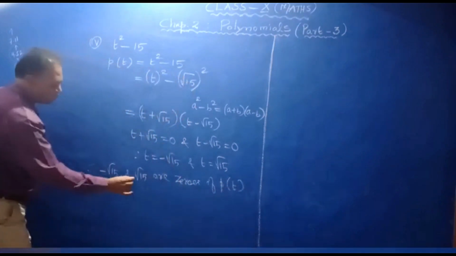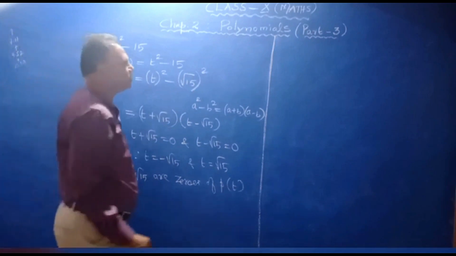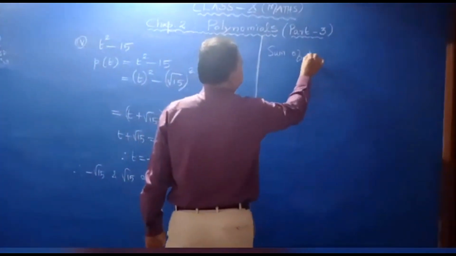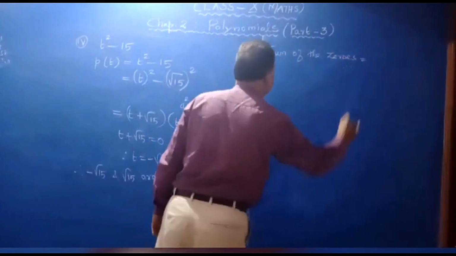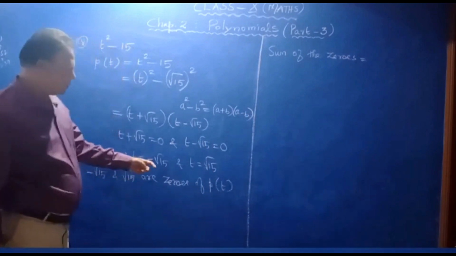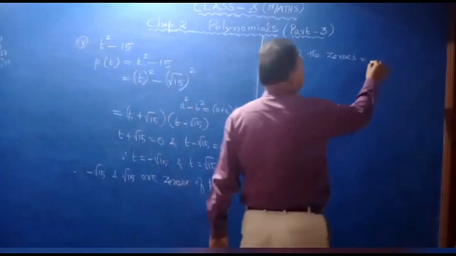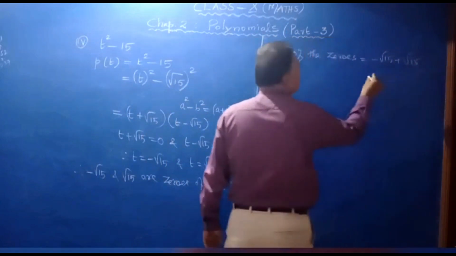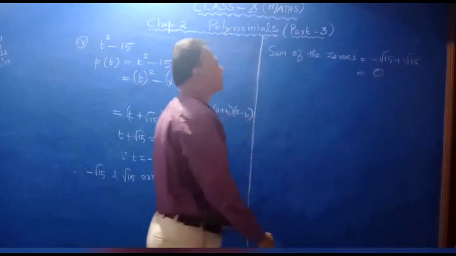When you have two zeros, find the sum of the zeros. Clear? So what is the sum of the zeros? Both add: minus root 15 plus root 15. One is minus, one is plus, so that means 0. Right?